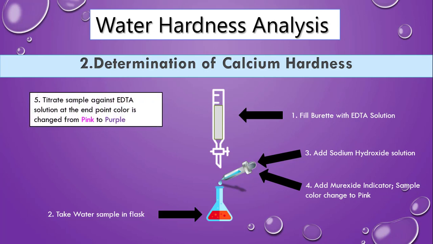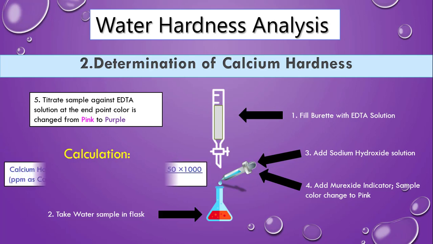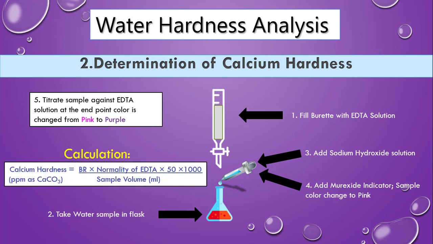Now titrate the sample against EDTA solution, and here the color change is from pink to purple. To calculate the calcium hardness value, we follow the same formula used in the total hardness analysis.